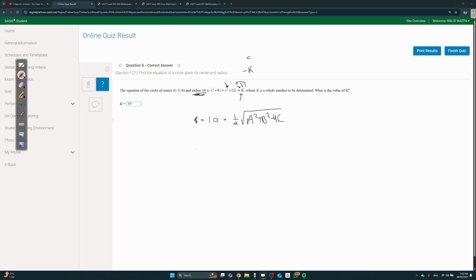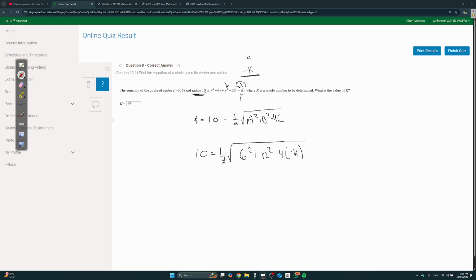So let's do this. 10 is equal to half radical a, which is 6 squared, plus b, which is 12 squared, minus 4 times c, in this case negative k.